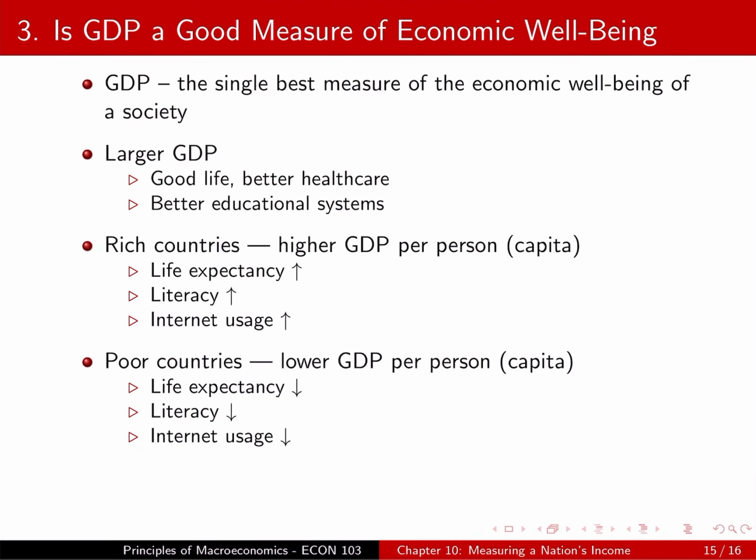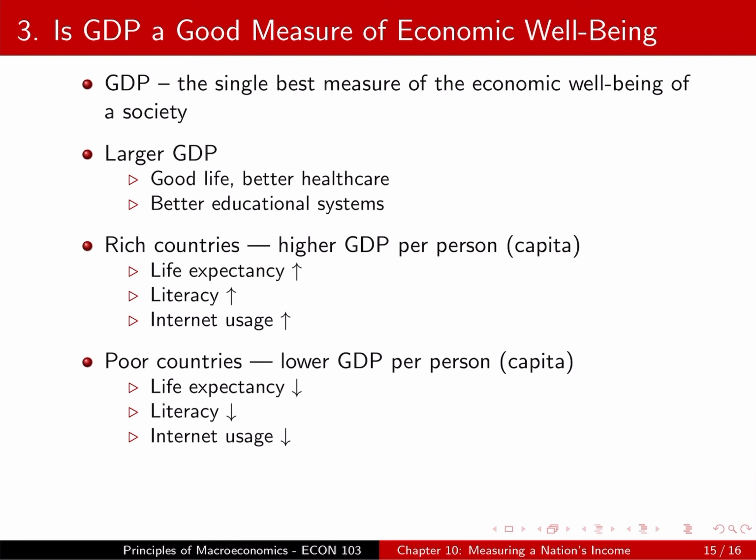In this section, after an in-depth analysis of GDP, the question arises, can GDP be considered a comprehensive measure of economic well-being? It is widely accepted among economists that GDP is the single best measure of the economic well-being of a society. This is primarily because economies with larger GDP levels tend to exhibit better living standards, including improved healthcare and educational systems.